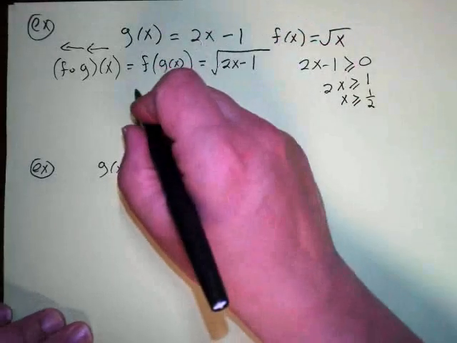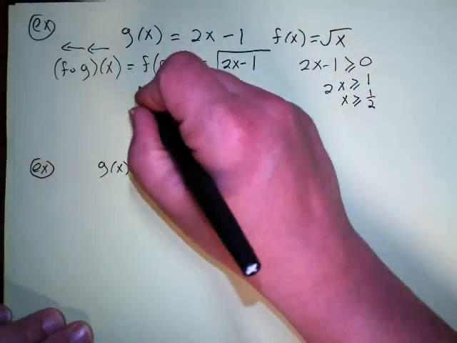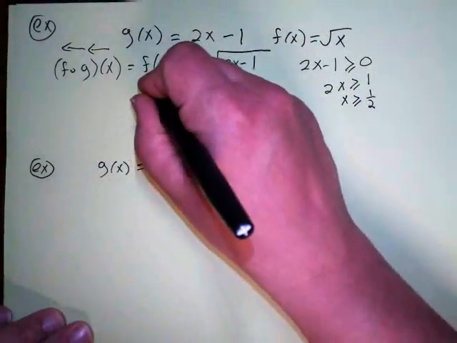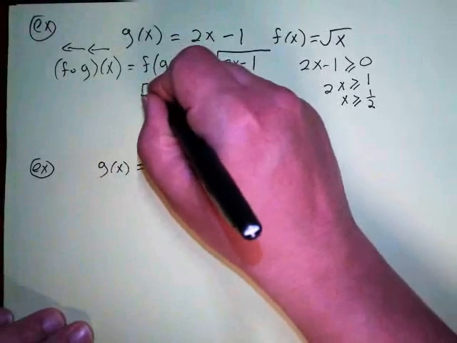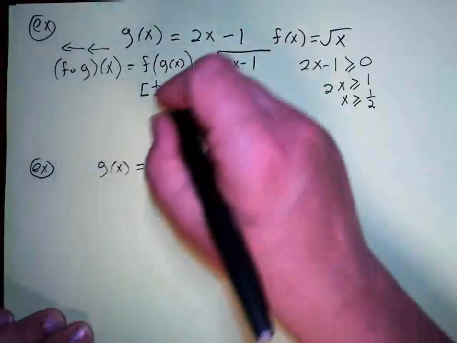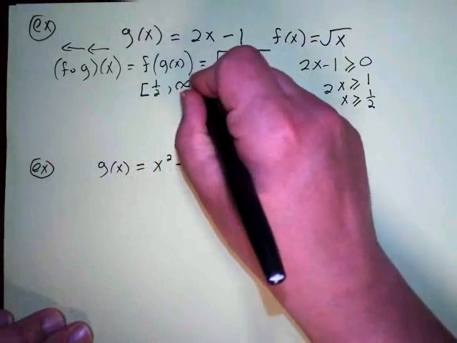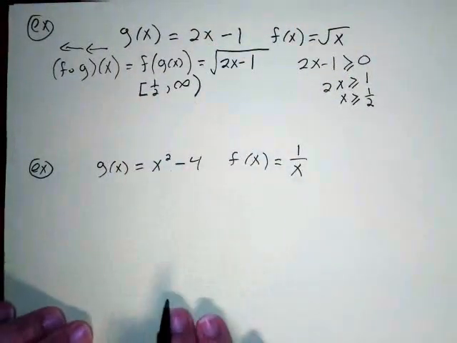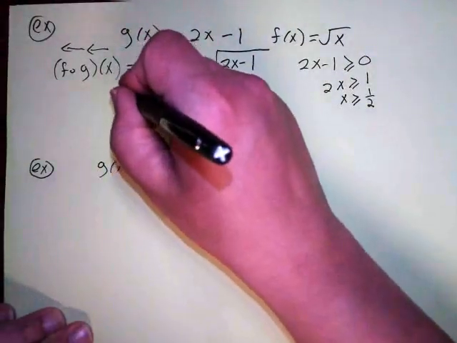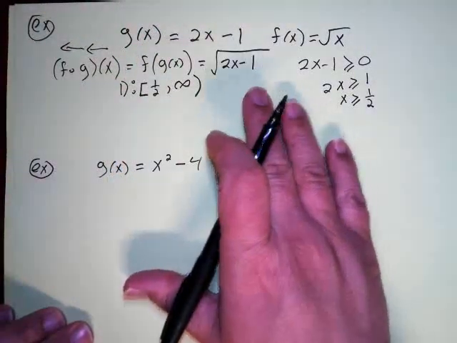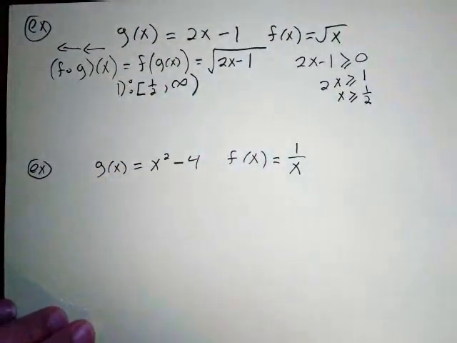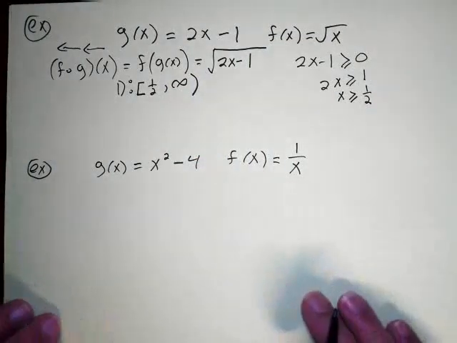So the domain could be equal to 1/2 or anything larger than that: 1/2 up to infinity. I'm not worried about the range here, but the range would be 0 to infinity in this case. This assignment is just asking you to find the domain.